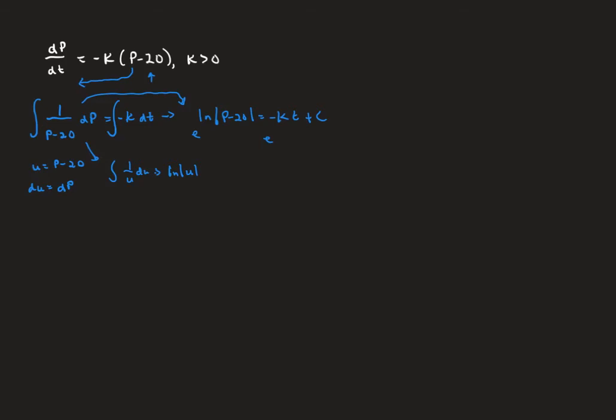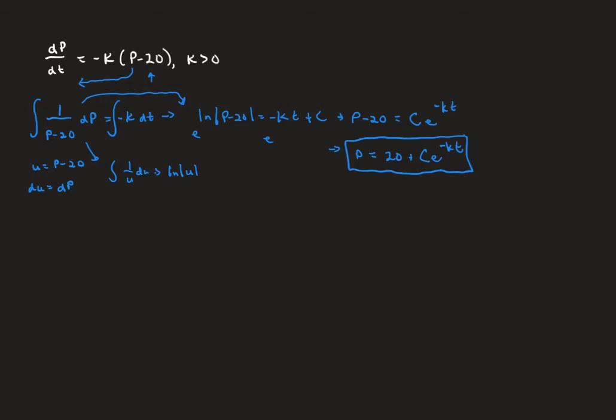We're not going to worry about the absolute value of p minus 20, but instead just call it p minus 20, and we get c e to the negative kt on the right. Going one more step, adding the 20 to the other side, we get that p is equal to 20 plus c e to the negative kt. So that is our general solution to that differential equation.